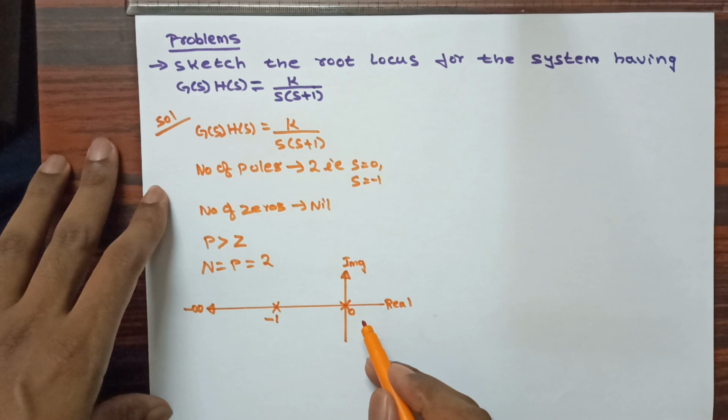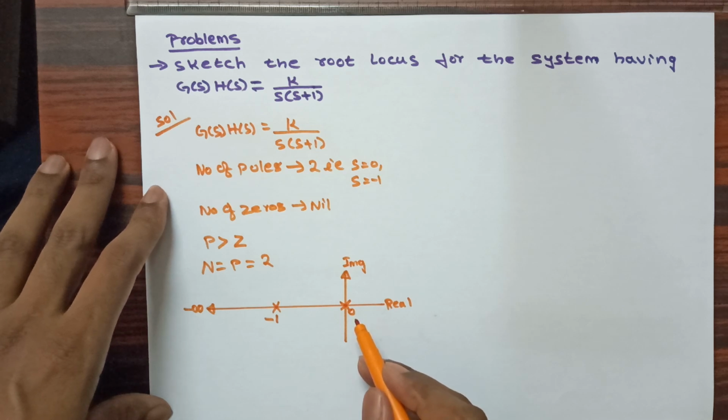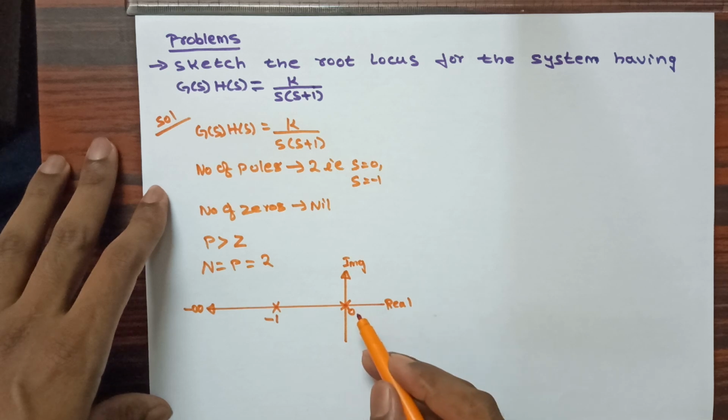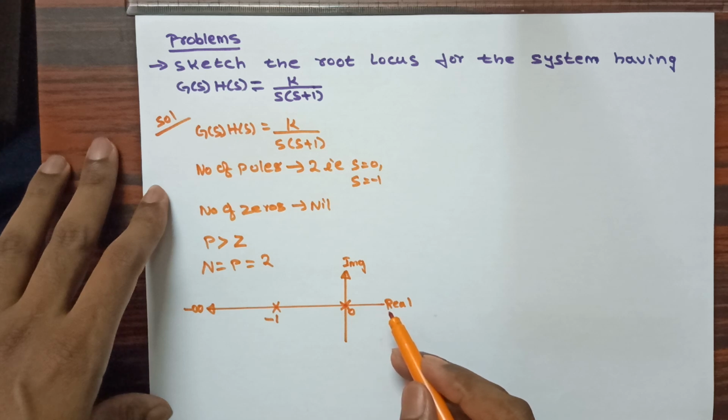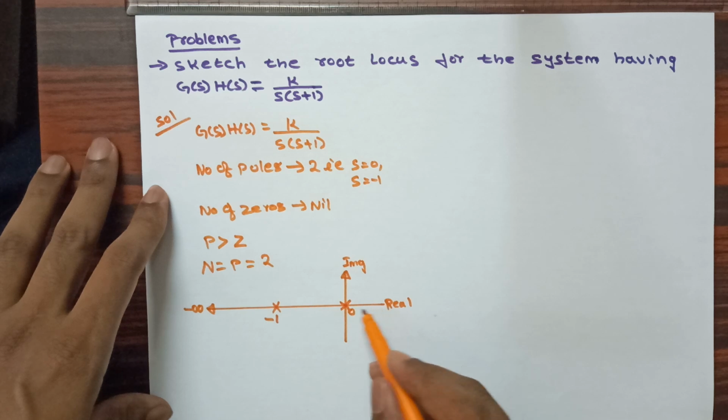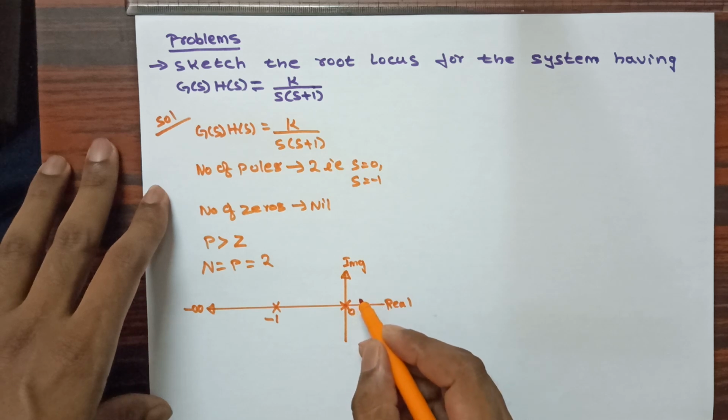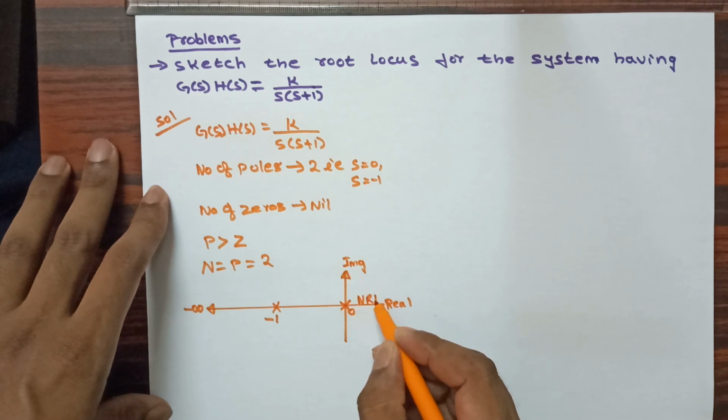Now we are going to identify the root locus path. As we know, to identify the root locus path, the condition is that an odd count of poles or zeros is considered root locus path, and an even count of poles or zeros is considered no root locus path. If I start to count from the right hand side, up to this point I am not having any pole or zero, that is the count is 0. 0 is an even count, therefore this part will be considered no root locus path.